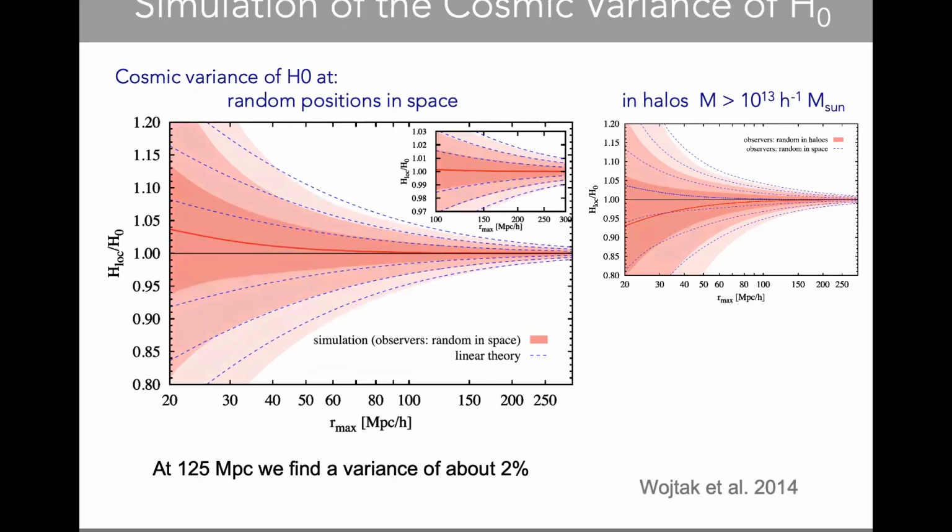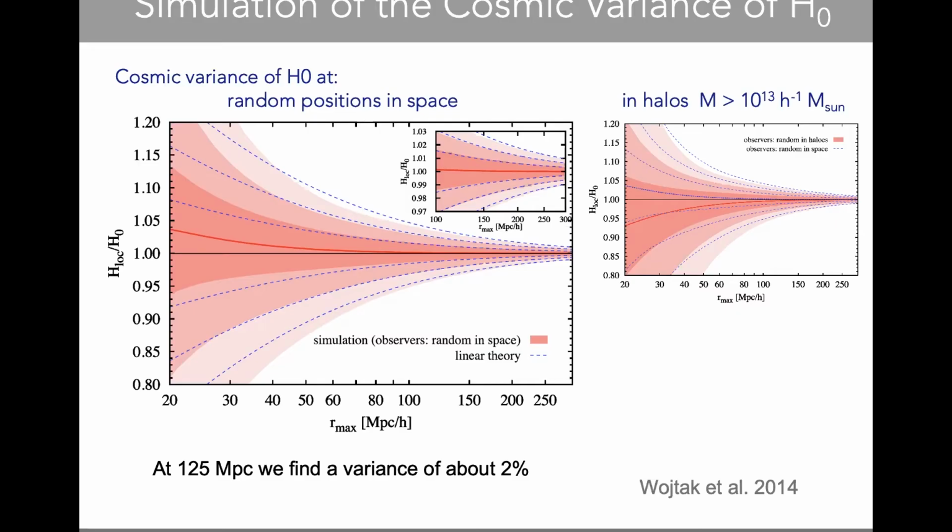Okay, and this is just another calculation. What I just showed was our analytical calculation. You can go into n-body simulations, and you can see that you would have a Hubble constant that is off by about 2%.